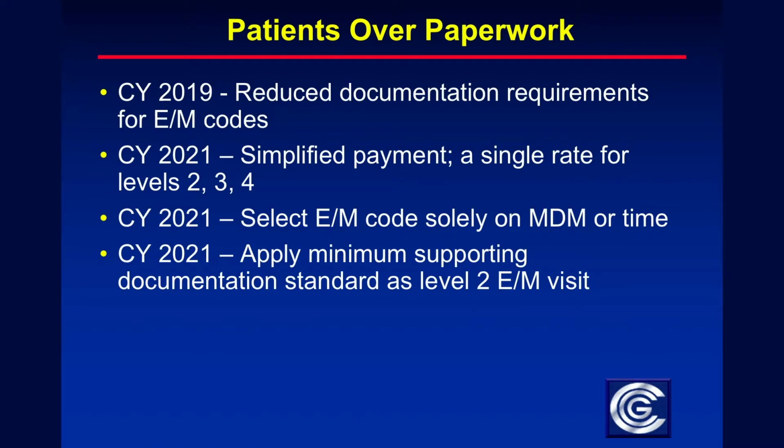In mid-2018, CMS announced a proposal to change how E&M services are charted and reimbursed within the Medicare program. The proposal, known as Patients Over Paperwork, was roundly repudiated by the physician community.